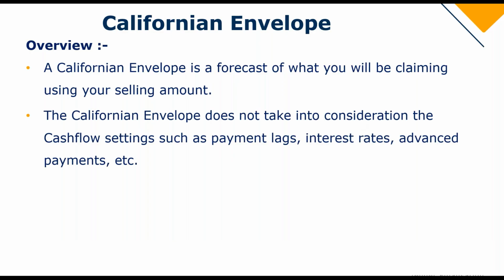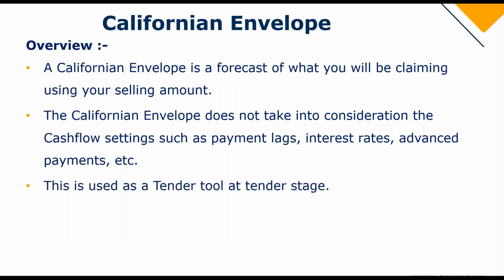The Californian envelope does not take into consideration the cash flow settings such as payment lags, interest rates, advance payments, etc. So this is used as a tender tool at tender stage. If you would like more information, users can attend a course we offer, which is C301, Forecast, Budget and Cash Flow, which covers cash flows in detail. We also have a webinar based on cash flows.